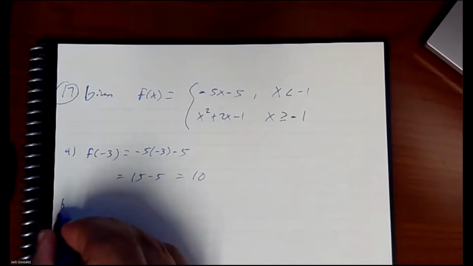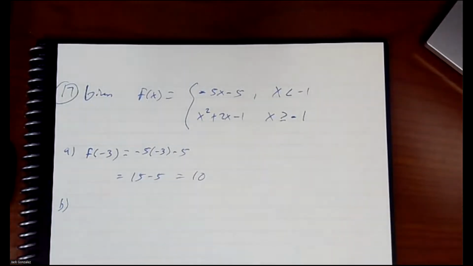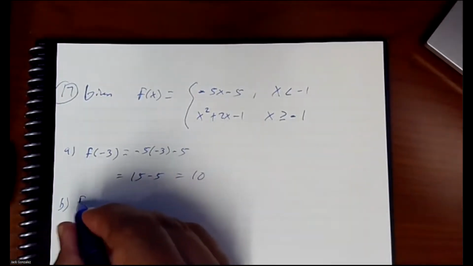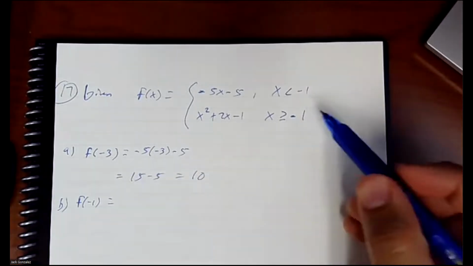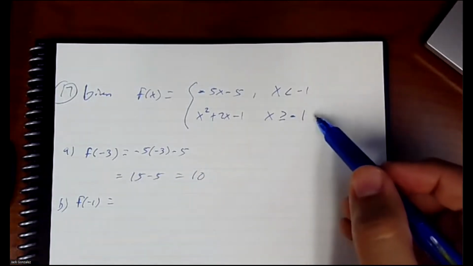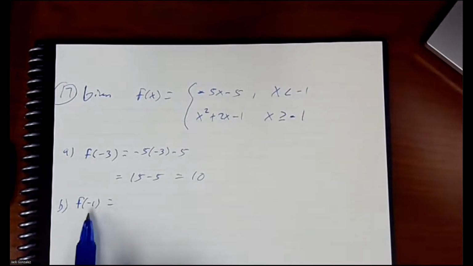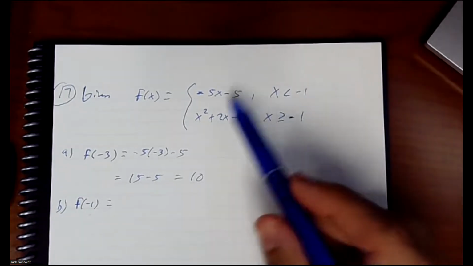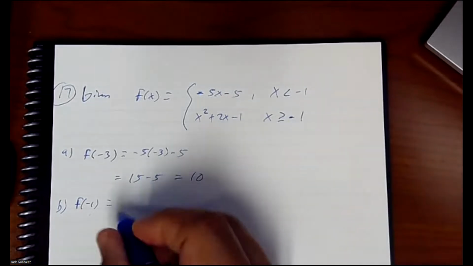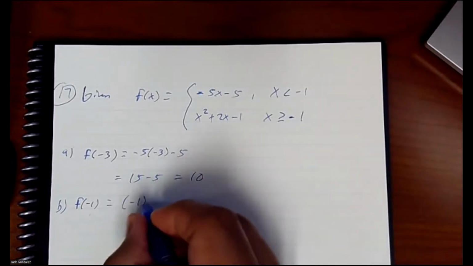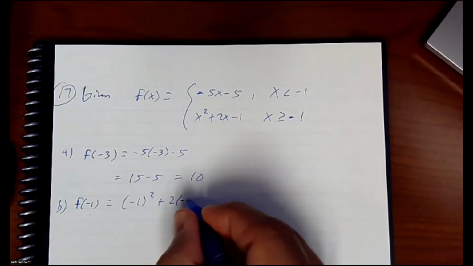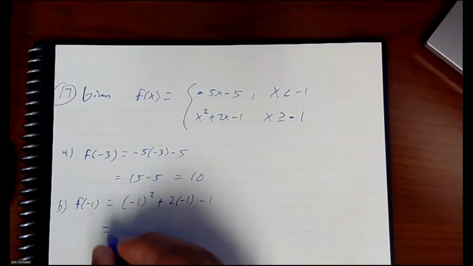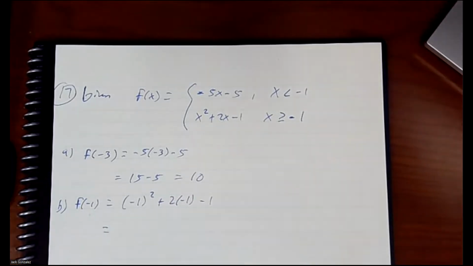So nothing crazy, right? Part B says do f of negative 1. This one is greater than or equal to, so use equation 2 for negative 1 because it's equal to. This one is not equal to, so you can't use this guy. So here we go. And that's it.